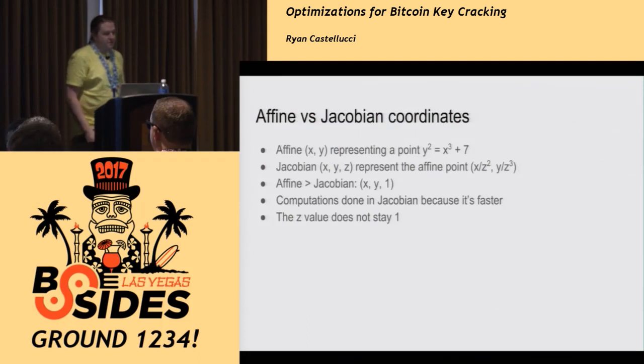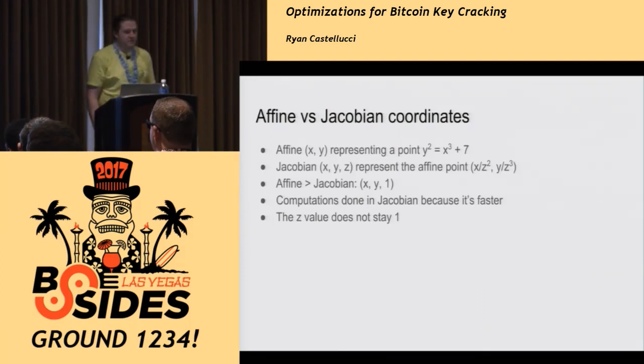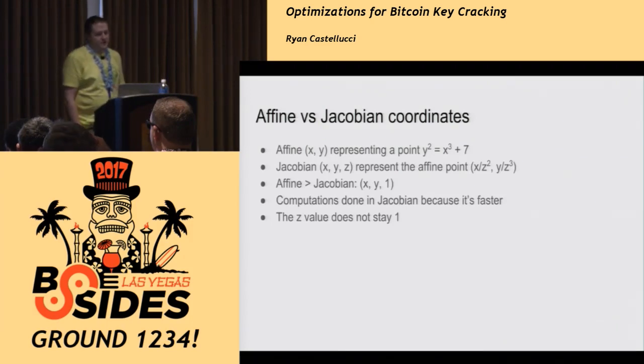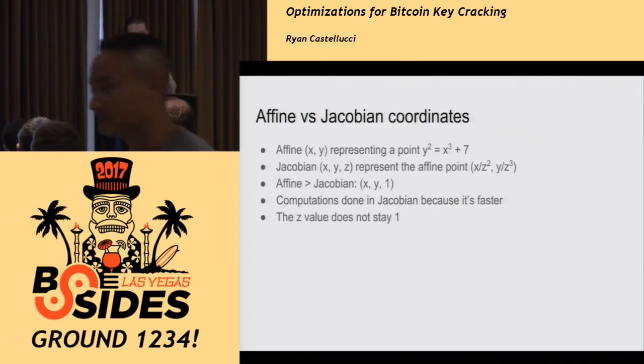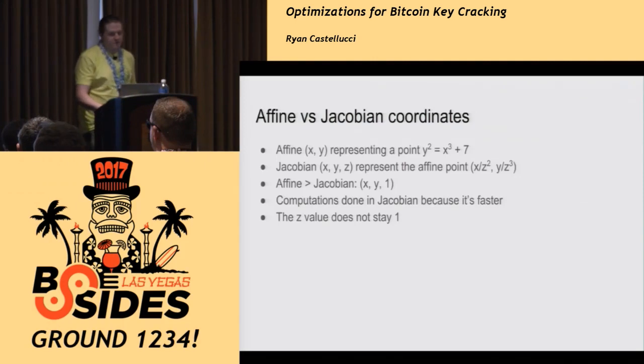Okay, so the next thing is affine versus Jacobian coordinates. Affine is the simple XY representation of a point. Jacobian adds a Z value and uses this Z value to do tricky things that make the math faster. This is all well and good, but the Z value does not stay 1, and so when you want to convert, you have to divide, and well, dividing in finite fields is actually kind of tricky.